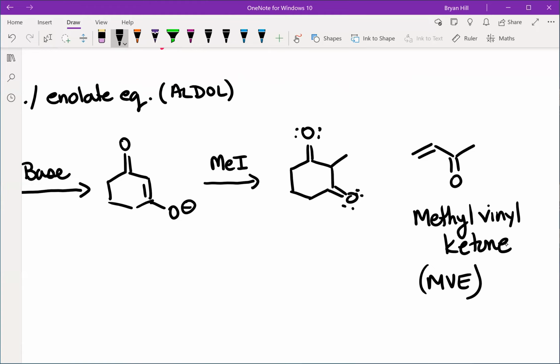And so this is really neat. This is going to be our Michael acceptor. And later on, it's going to become our enolate.